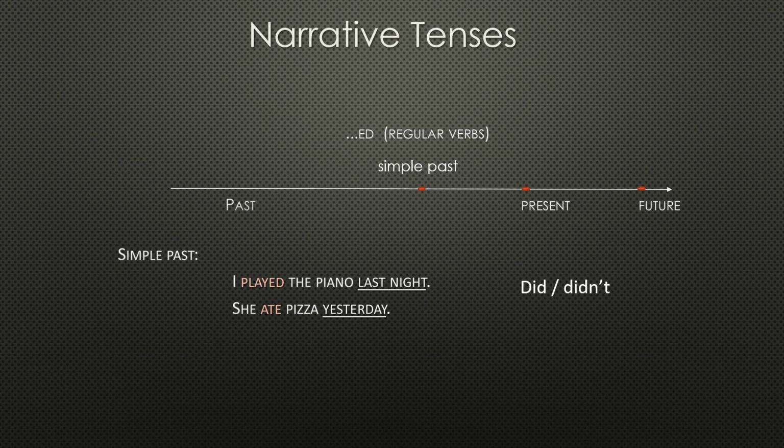But be careful. When did or didn't shows up in the sentence, ed disappears, and also ate should be converted to the normal form of the verb. So did she eat pizza yesterday? Not did she ate pizza yesterday.